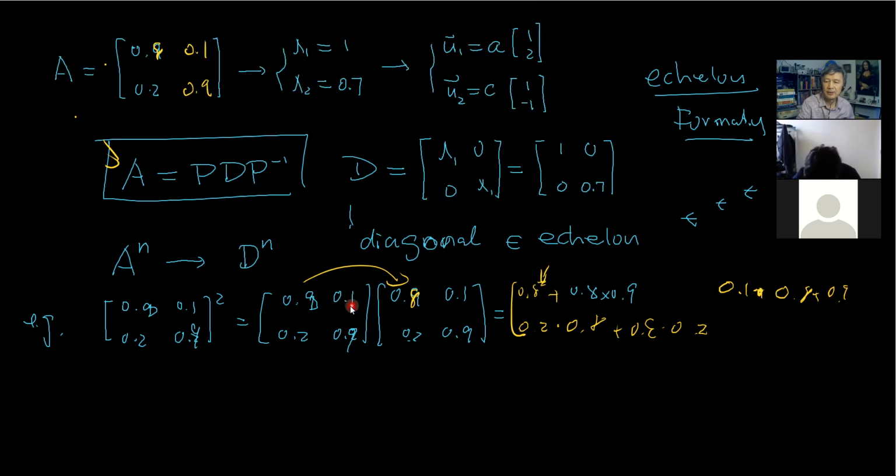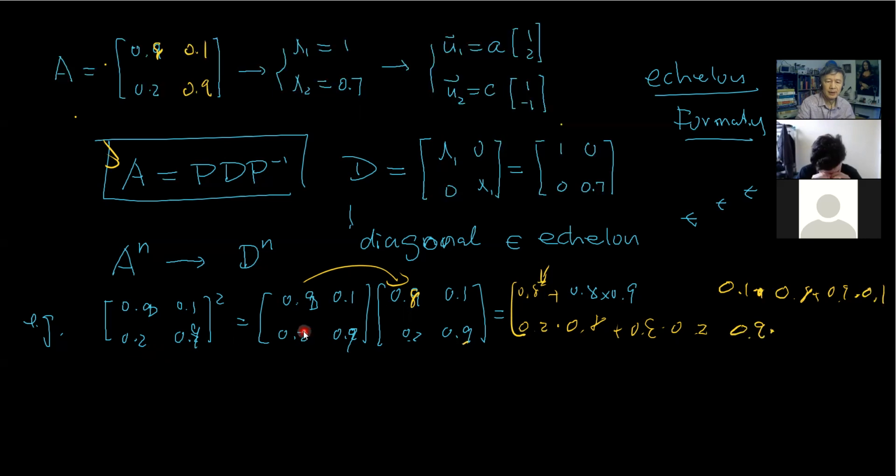Second would be 0.1 multiplied by 0.9. Yes, 0.9 times 0.1. And finally, 0.9 times 0.8. 0.9 times 0.2? No. 0.2 multiplied by 0.1.